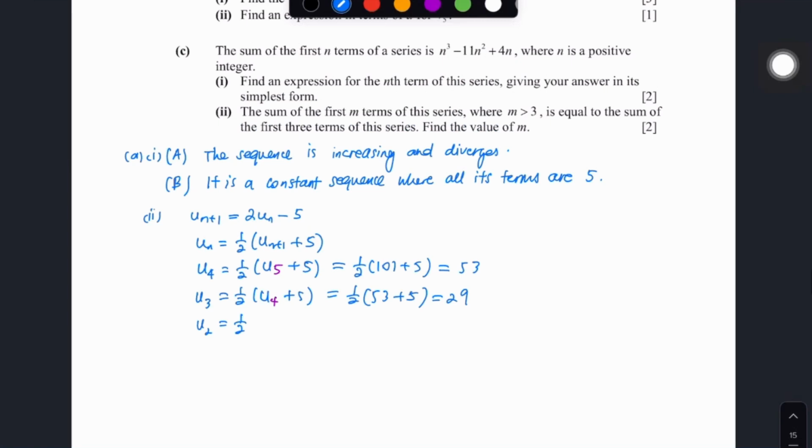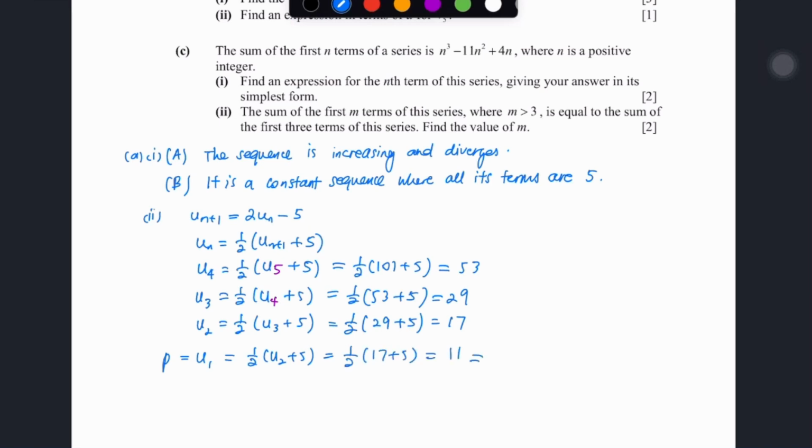U2 would be half times U3 plus 5. So half times 29 plus 5. This would be 17. Last one, U1 or P. This is half times U2 plus 5. So half 17 plus 5. This will give you 11.